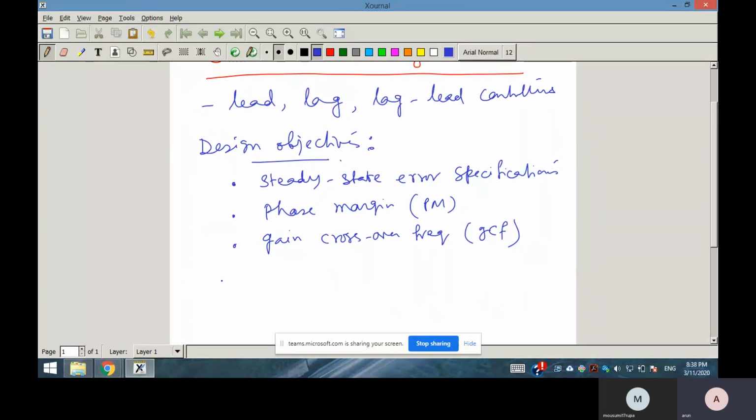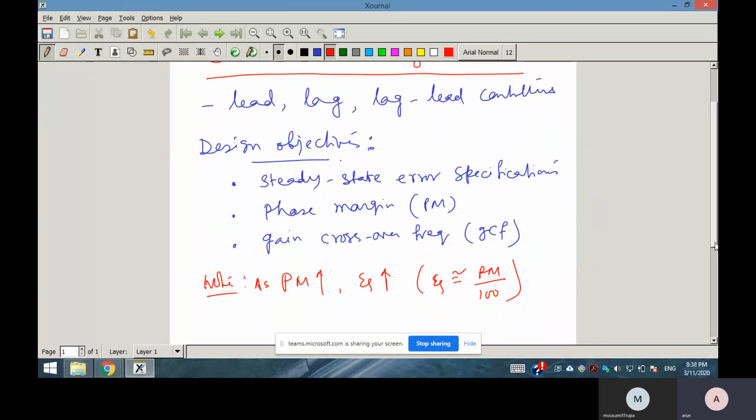So just to point out, as phase margin increases, damping ratio increases. So this actually, zeta is phase margin divided by 100 approximately.